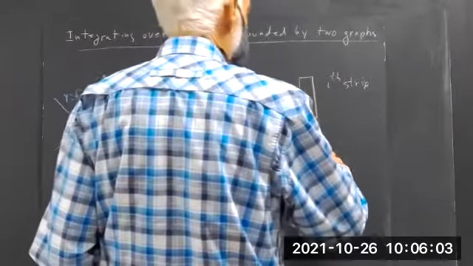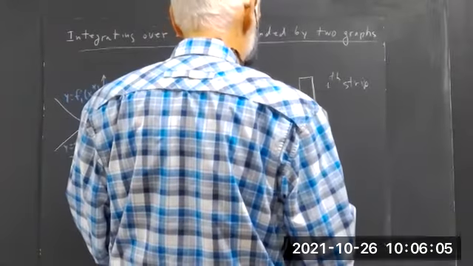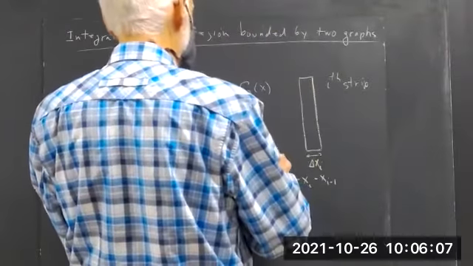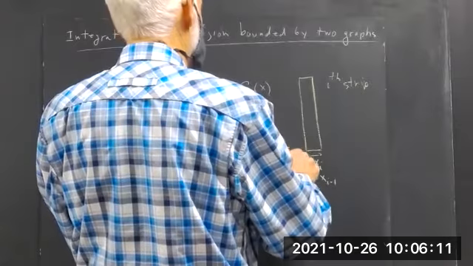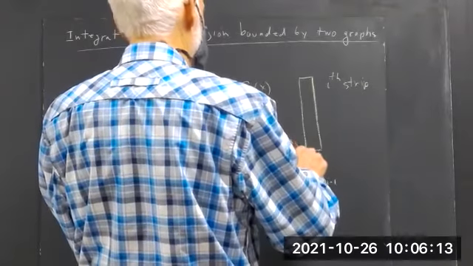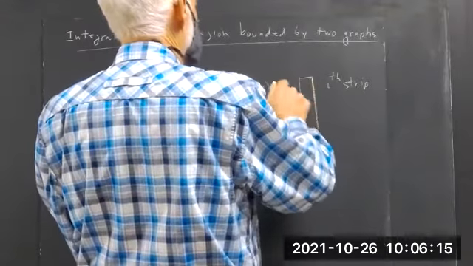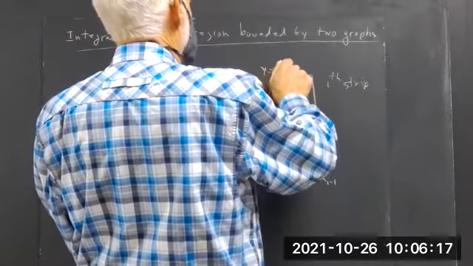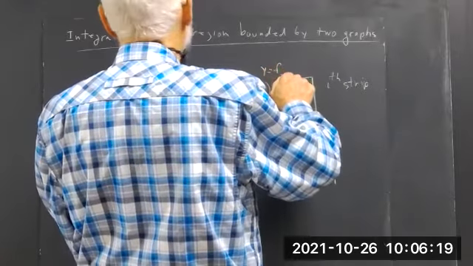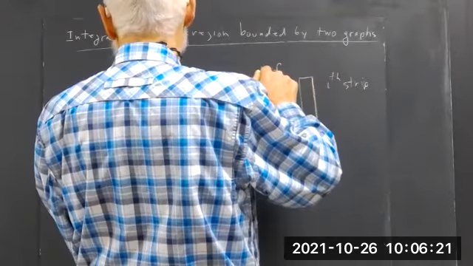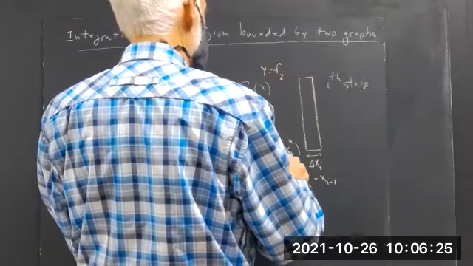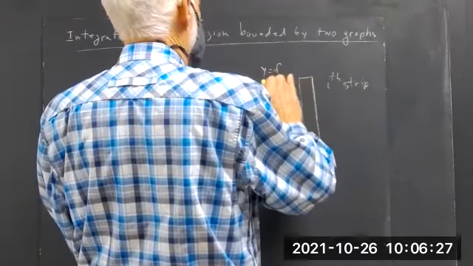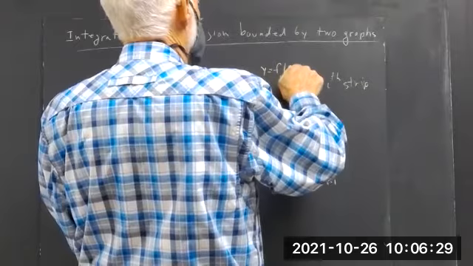And the interval goes here from y equals f2 of x i star to y equals f1 of x i star.